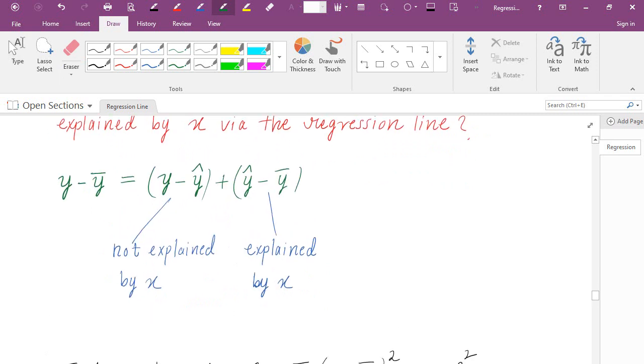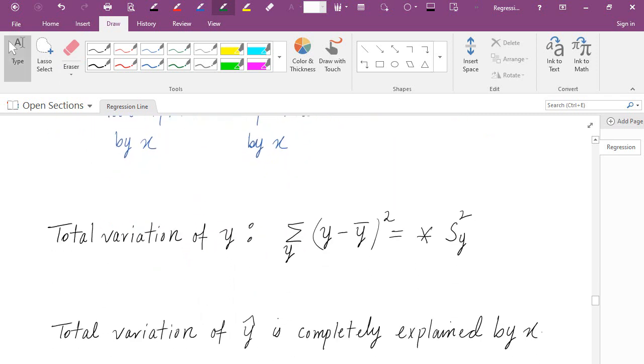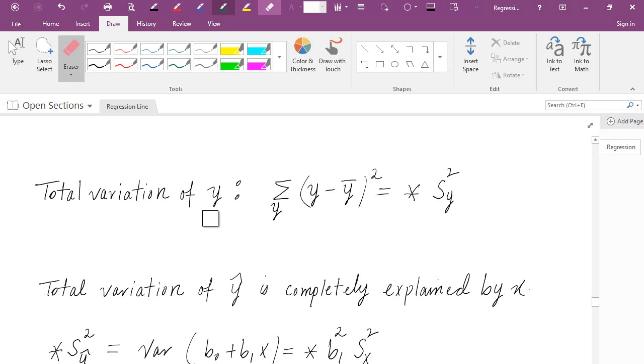So the total variation of y is the sum of the squared variations, where the sum goes over all the values of y, and that is the same as the size of the data times the variance of y.